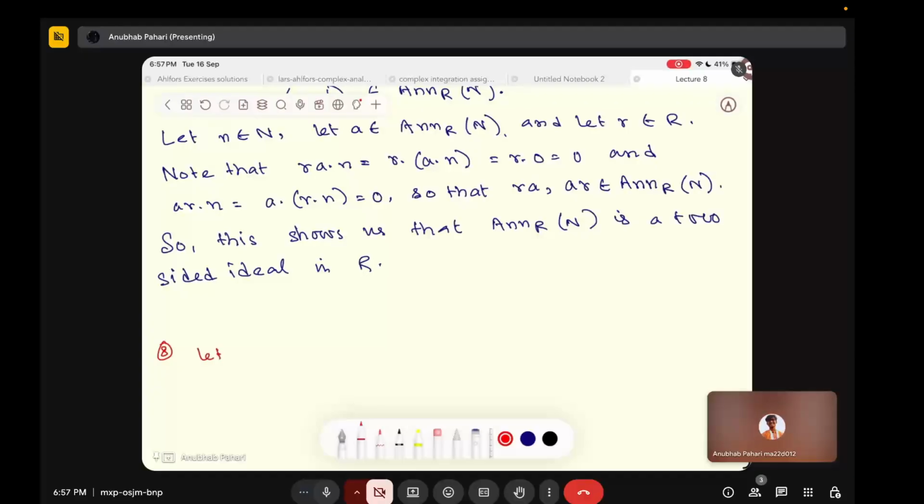So let R be a ring with unity which is again non-zero, and let M be a left R module.